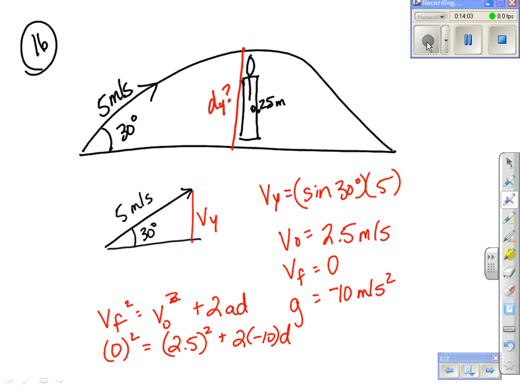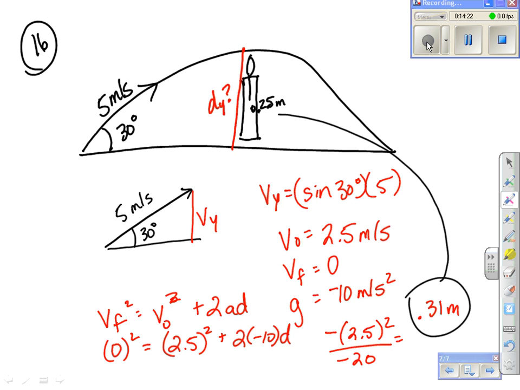We then are going to get negative 2.5 squared divided by negative 20, which would give us an answer of 0.31 meters. Now you take this answer right here, your 0.31 meters, and you compare it to the 0.25. Since it is more, he'll clear the candlestick. So he cleared and not burned.